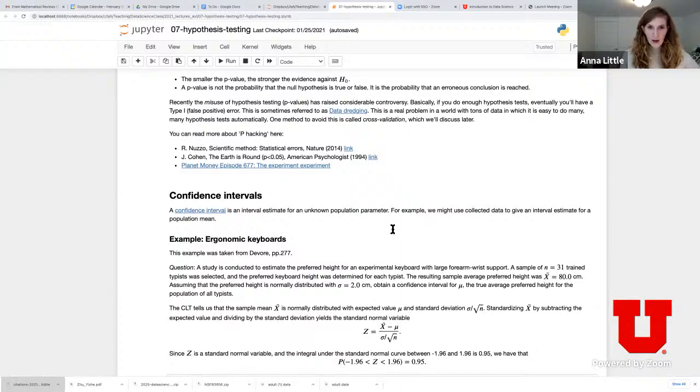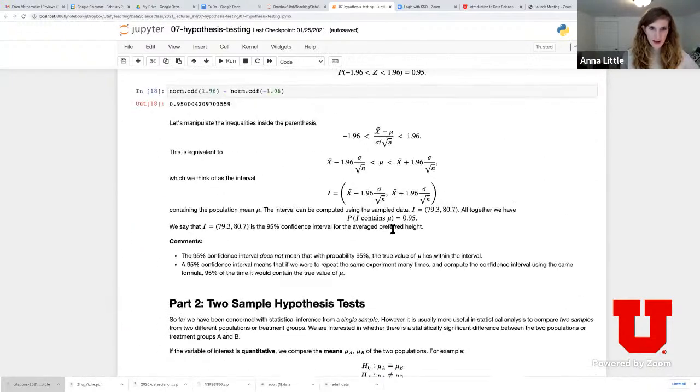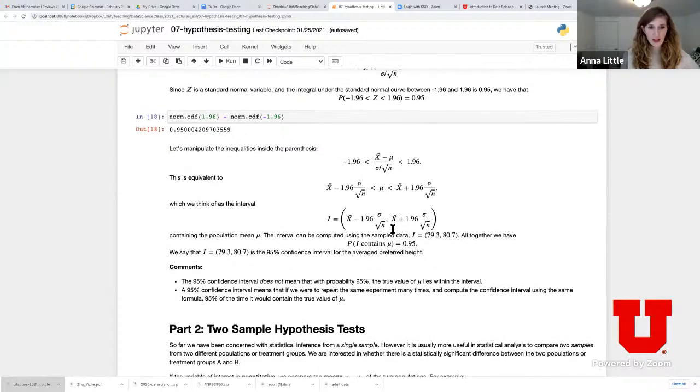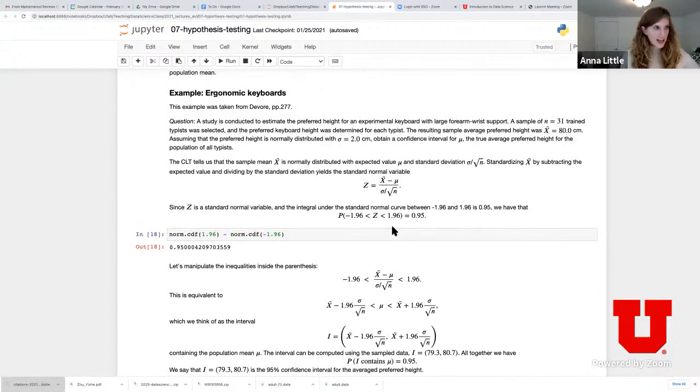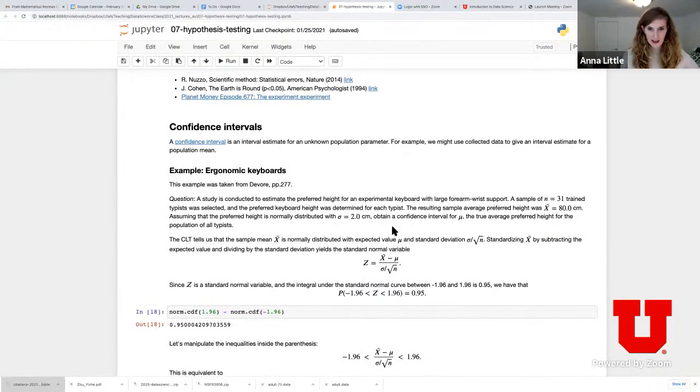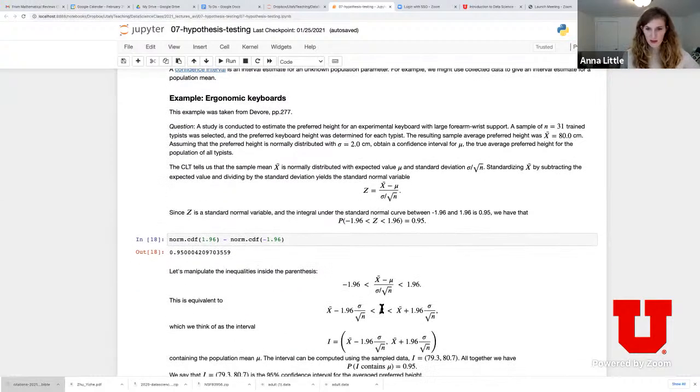Okay, so let me see how far we got. Almost to part 2, so that's pretty good. Actually, I don't think I'm going to get through the confidence intervals in one minute, so why don't we stop there for today? This was a lot to cover, but this was sort of my plan.